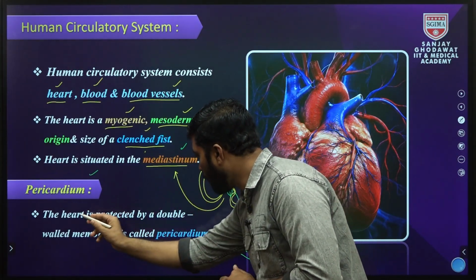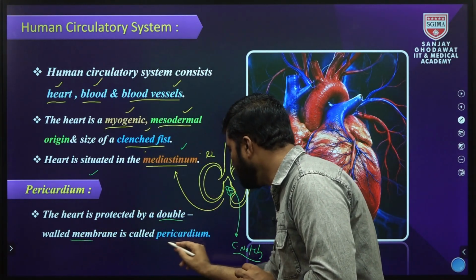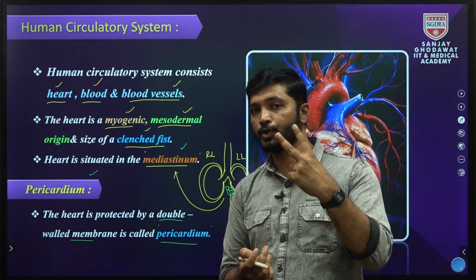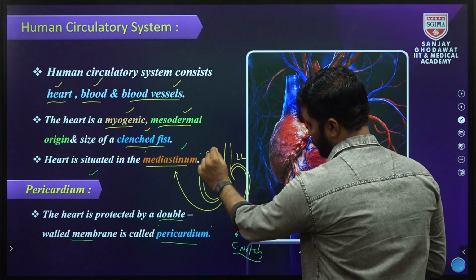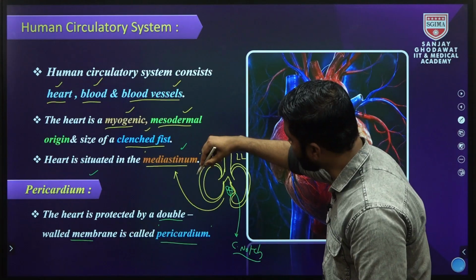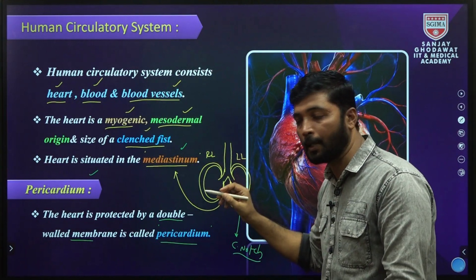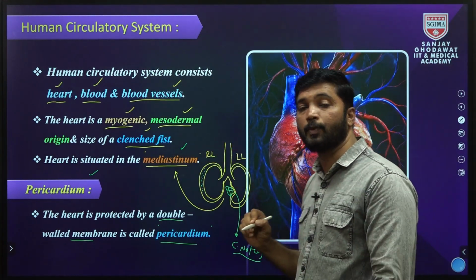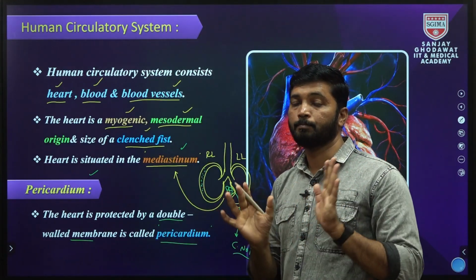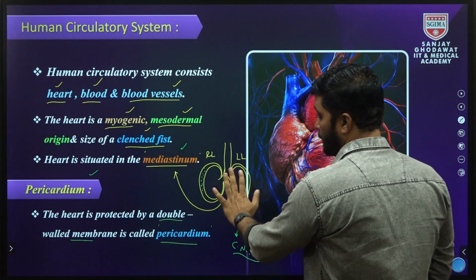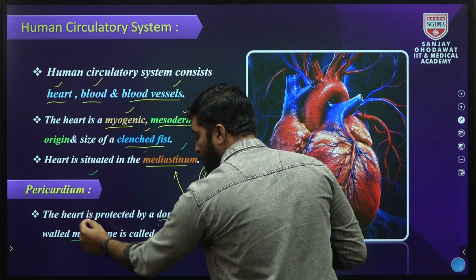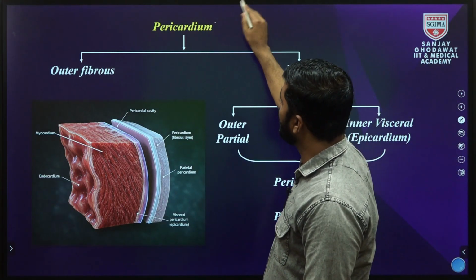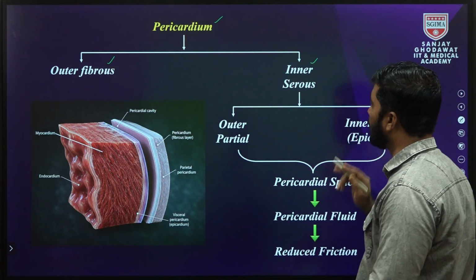The heart is protected by a double-walled membrane called the pericardium, which includes two layers, outer fibrous and inner serous. Similarly, human lungs are also protected by a dual membrane, the pleural membrane, outer parietal and inner visceral. Between the pleural membranes, the pleural space is filled with pleural fluid that acts as a shock absorber, protecting from external shocks. In the same way, the double-walled membrane in the heart is called the pericardium, with two layers, outer fibrous and inner serous.